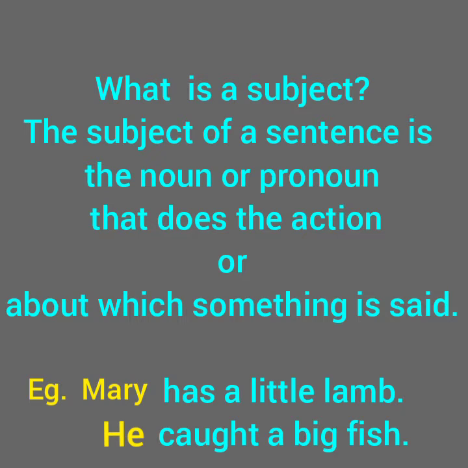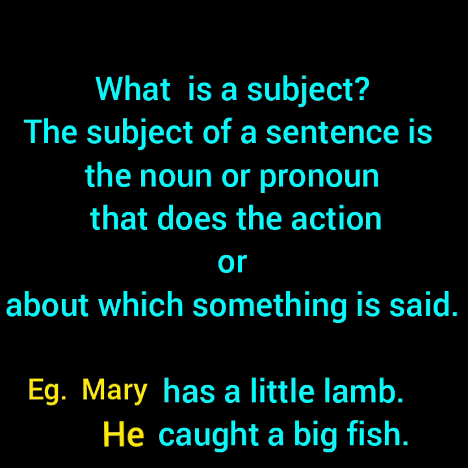Let us try to make clear by seeing some examples. The first example is Mary has a little lamb. In this sentence, we are talking about the person, the noun, that is Mary. It is the name of a person.